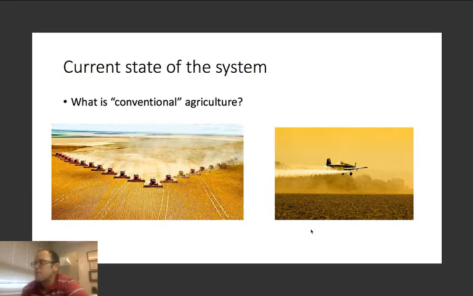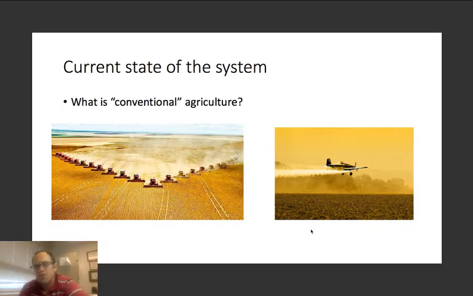So that image on the left, when we talk about conventional agriculture, like it or hate it, is probably a staged image. Maybe in Brazil, I think we do see some massive lands that are allocated that would require massive capital in the form of tractors in this case to handle the harvest.